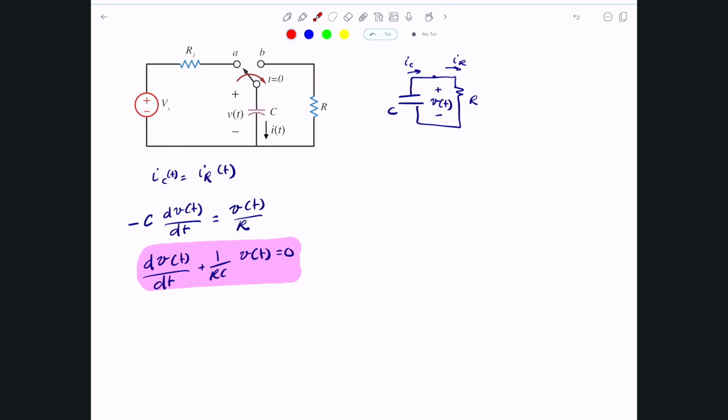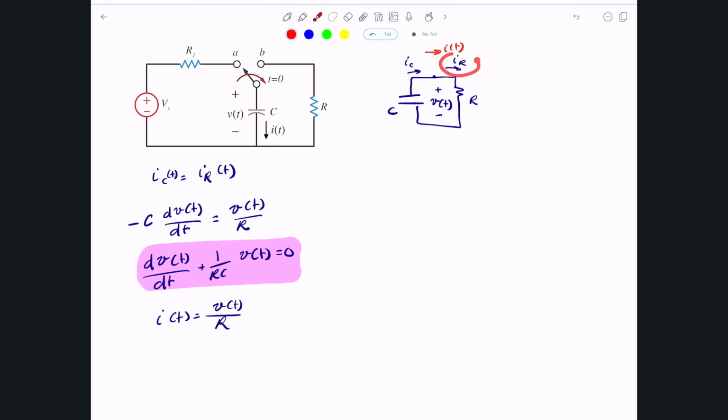We can also rewrite this first order differential equation, instead of using v of t, in terms of i of t, the current flowing through the circuit. I of R or I of C or i of t, it's the same current since it's a single loop. So we know that i of t is simply v of t divided by R using Ohm's law.